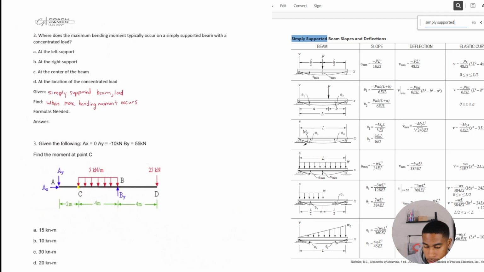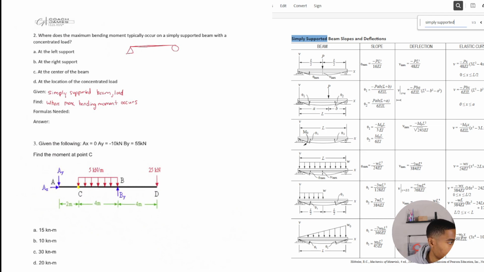This is simply supported. And just for your background, simply supported just means that it's very simple. You have a beam and you have a pin on one side and then a roller on the other side. That's all simply supported means. Supported by two different types of supports, a pin and a roller.